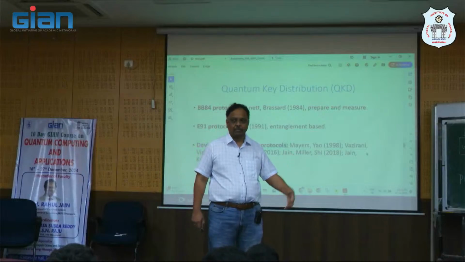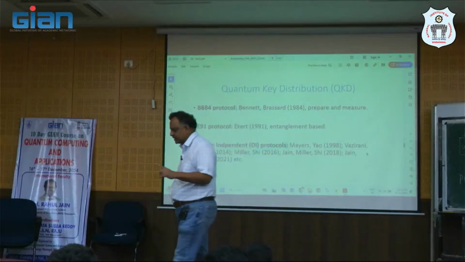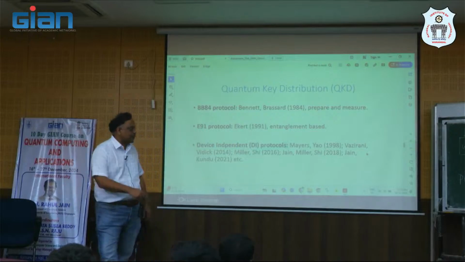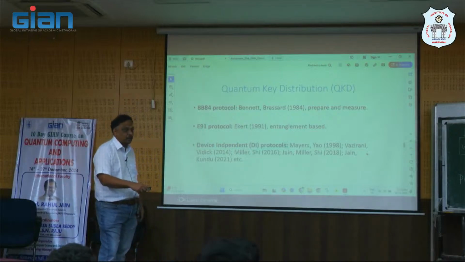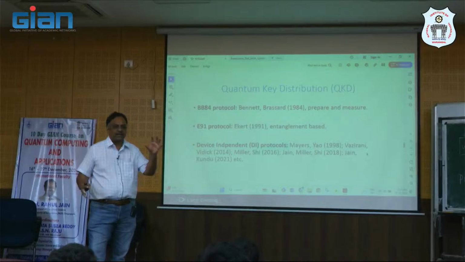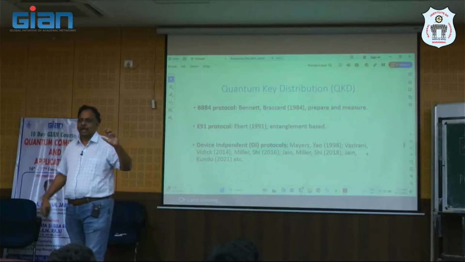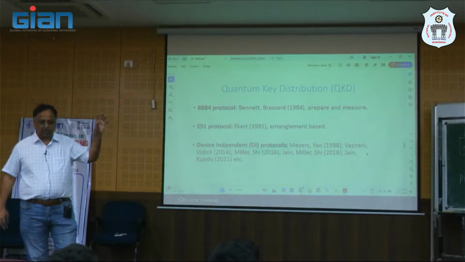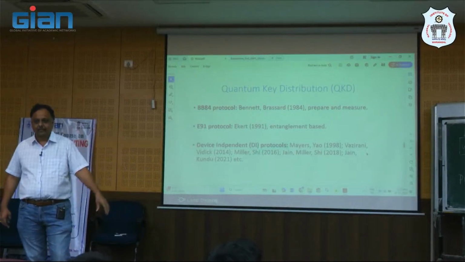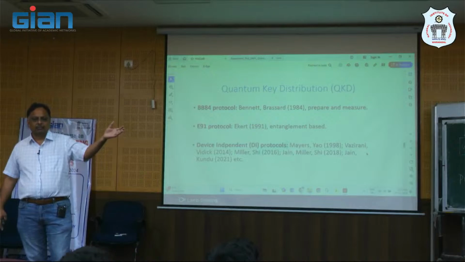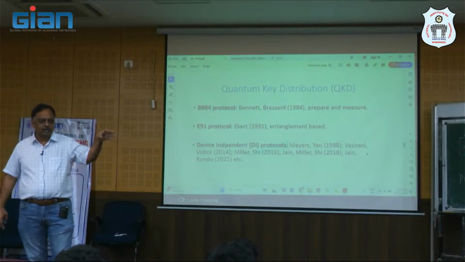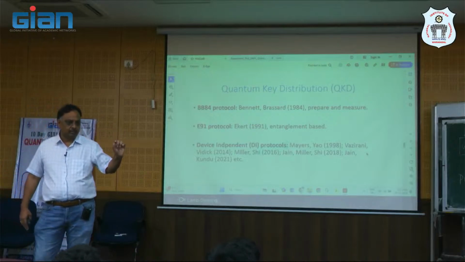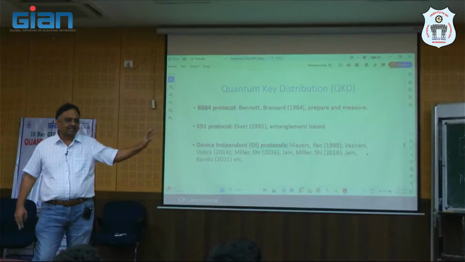But now this has one issue. This was actually the thing that was proposed by John Bell, this difference between 0.75 and 0.85. And then later actual quantum experiments were performed to confirm that. A few years before, a Nobel Prize was awarded to a few people precisely to conduct this experiment.